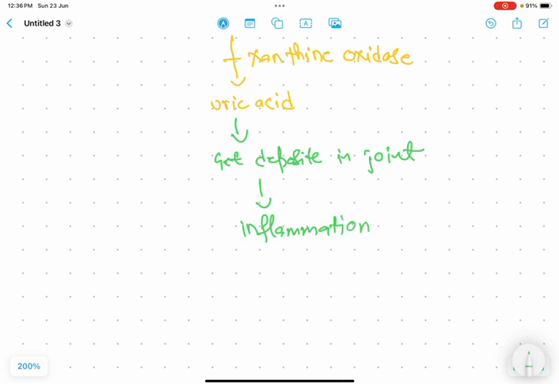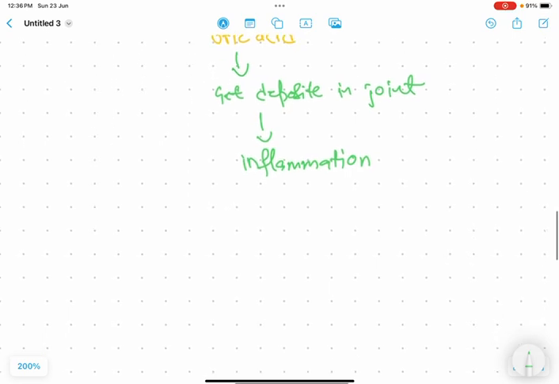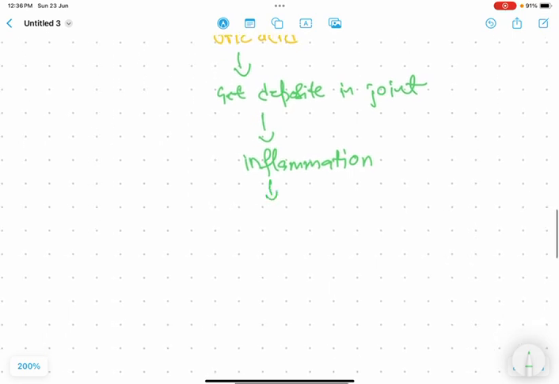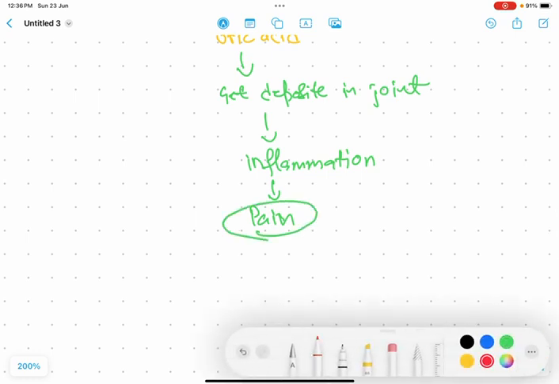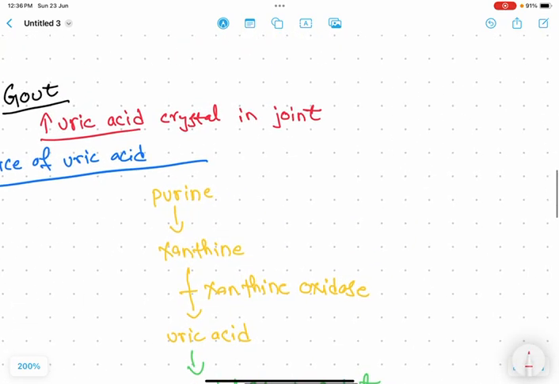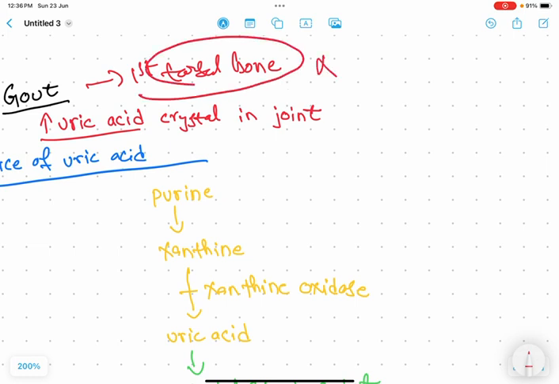There is a chemotactic attraction, which gives rise to pain, and gout occurs mainly in the first tarsal bone, or we can simply say the big toe.